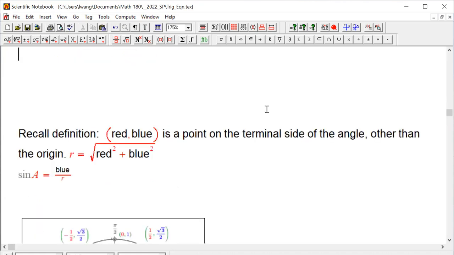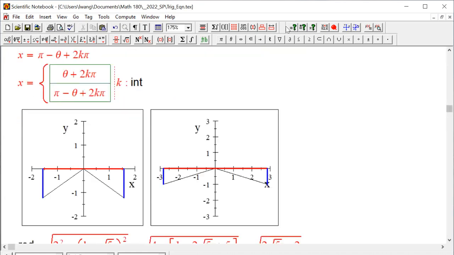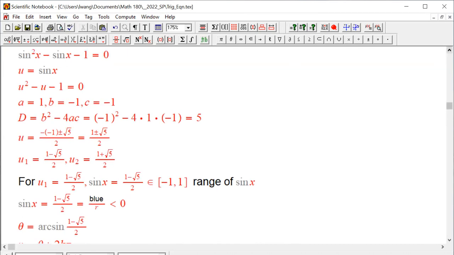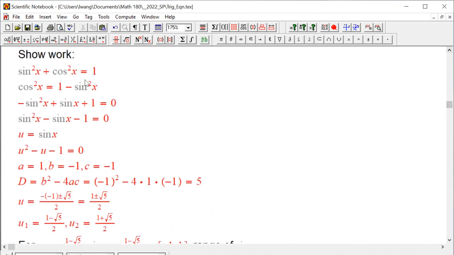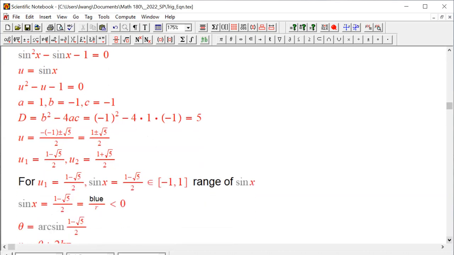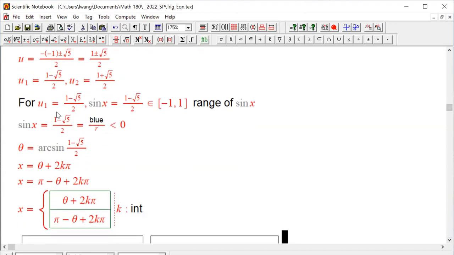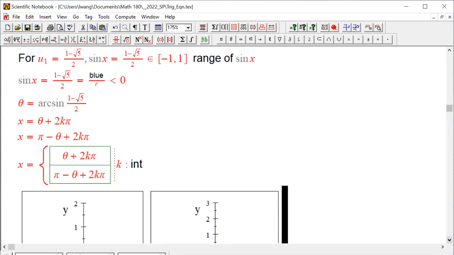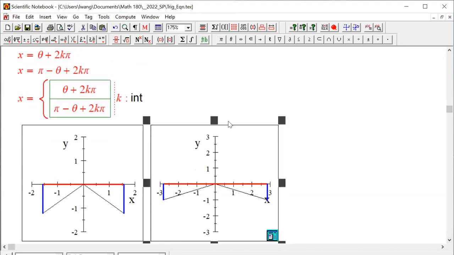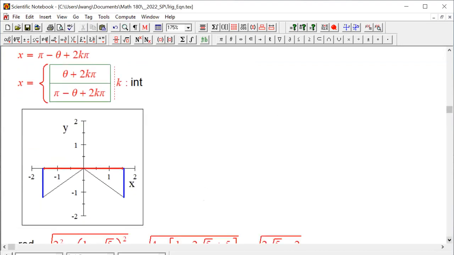Show work. Okay, I will keep most of it for u1 equals to that. We solve this. And you can remove this picture, right? That was for comparison.